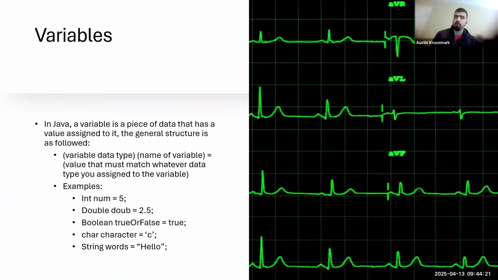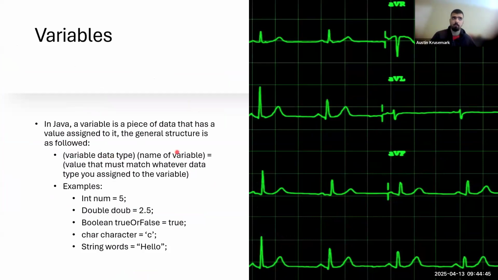You probably already saw a little bit of this in the code I showed, but in Java, a variable is a piece of data that has a value assigned to it. The way you would set it up is you would write the data type followed by whatever name you want to give it.